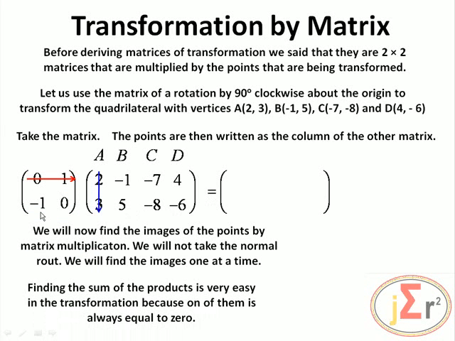Finding the sum of the products is very easy in the transformation because one of them is always equal to 0. So if we say 0 times 2, that is 0, and 1 times 3, that's 3. So one of the products is always equal to 0, and we just write down the other one. So we are writing down the image of A prime, so we have 3 right there.